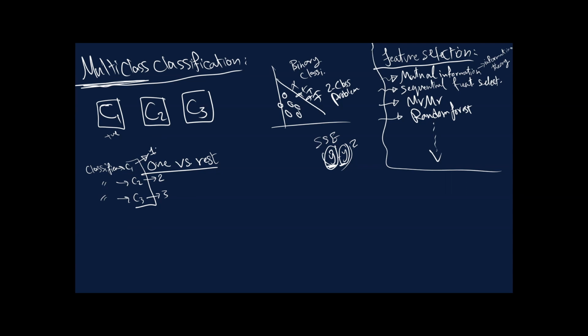Because if we use our labels like that, the difference between class 1, which has the value of 1, and class 2, which has the value of 2, is only 1. And this is not the same as the difference between class 1 and class 3. The difference is 2. Okay, so that's now unfair, right?